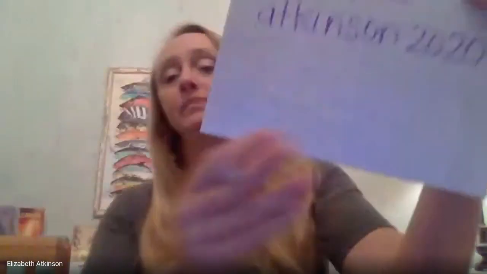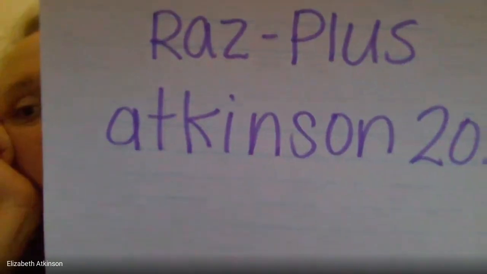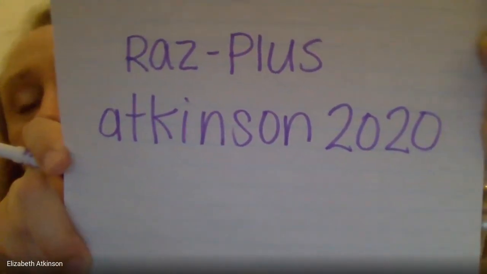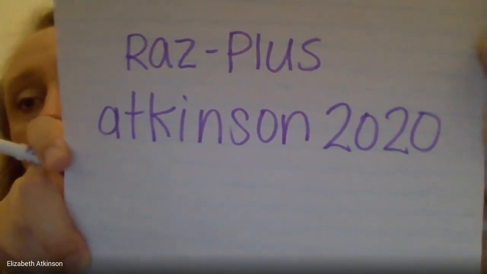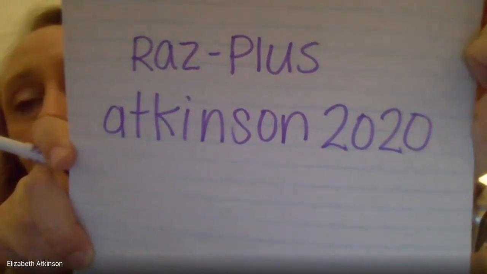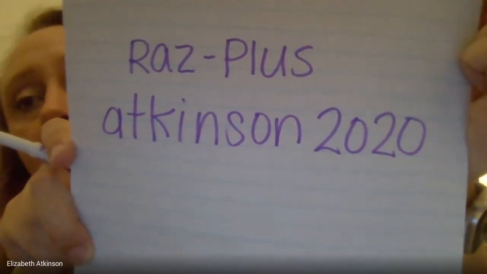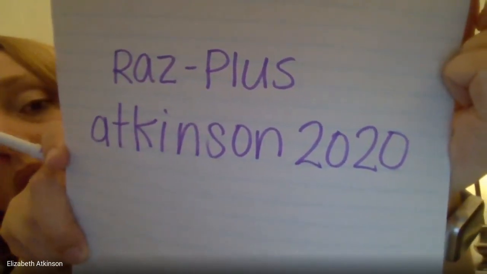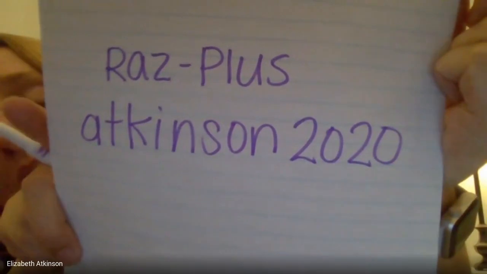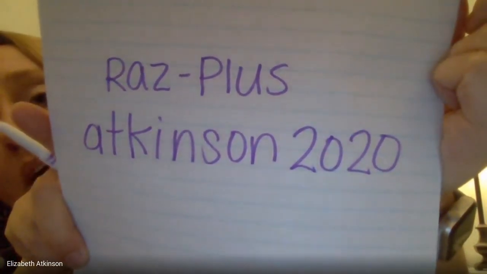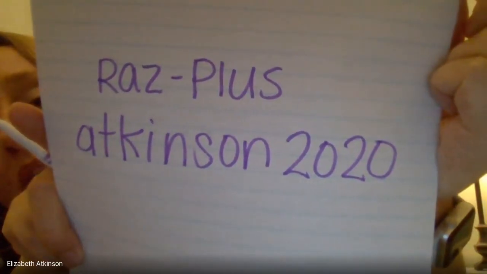I'm just writing it down real quick. Okay. So RAZ Plus is our other reading app that we will use. And my class code is Atkinson 2020. On this particular site, your kids will need their login. So that came in the email. Like I said, I can push that email back out, but I'm going to give you a password information sheet.